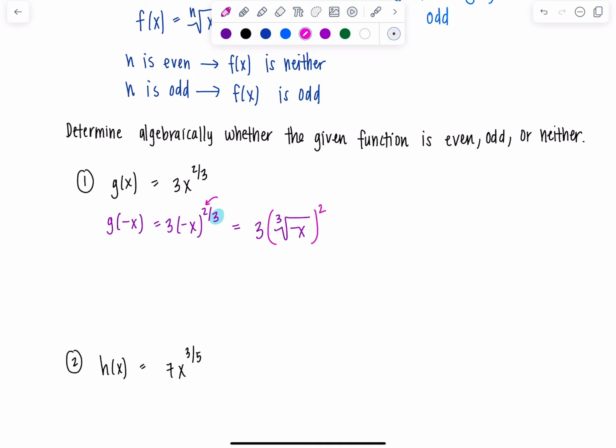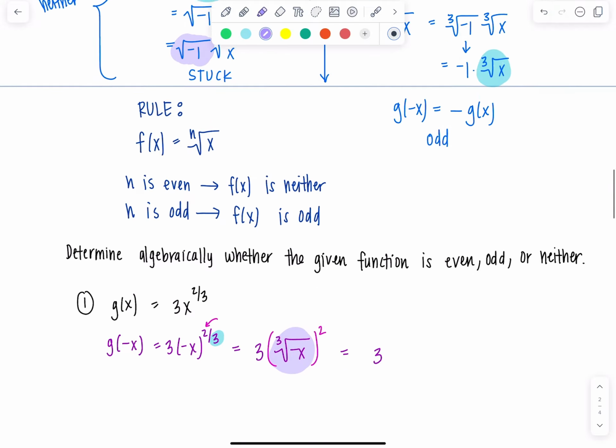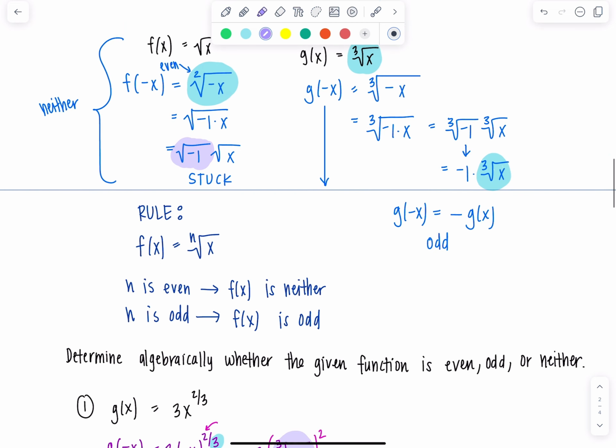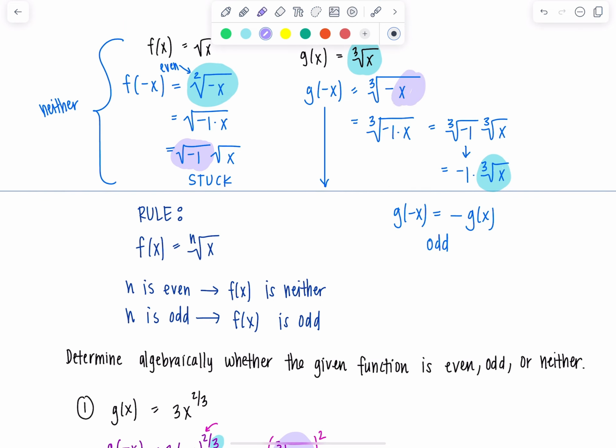Okay, very good. Now let's see what to do from here. So I have 3 times this cube root of negative x. We just simplified it a second ago. Do you remember what happened? Here we had cube root of negative x. And anytime this is an odd number, that negative can come out. You don't have to show all these steps right here.